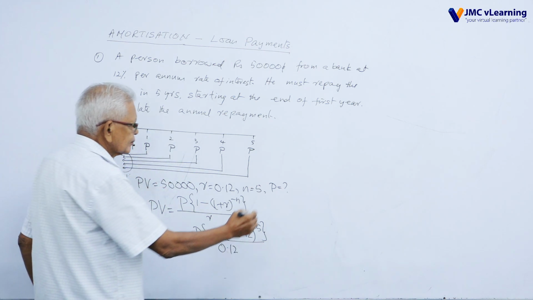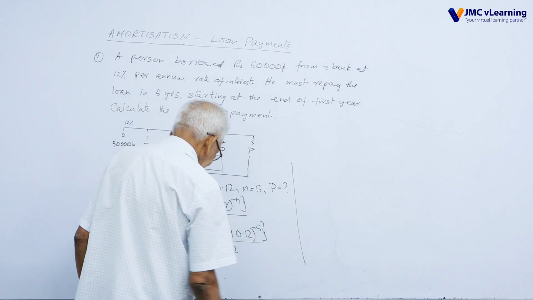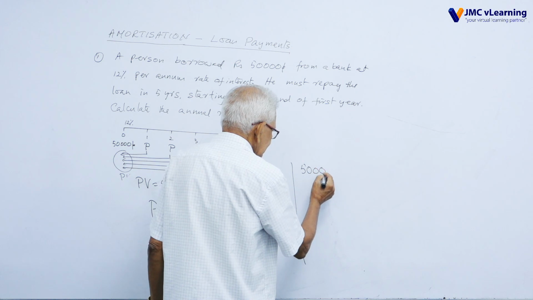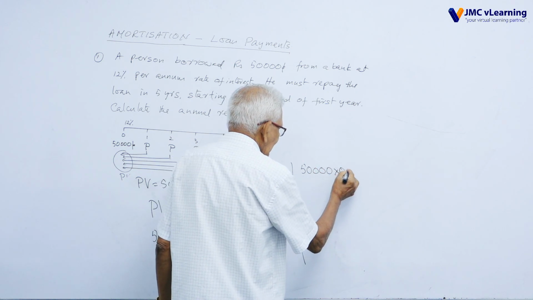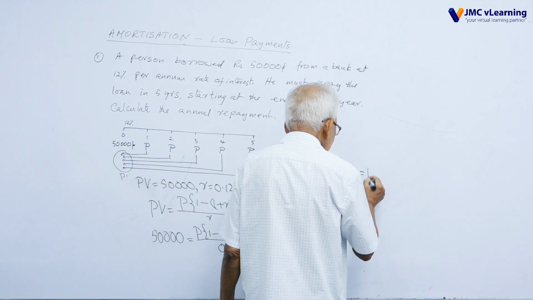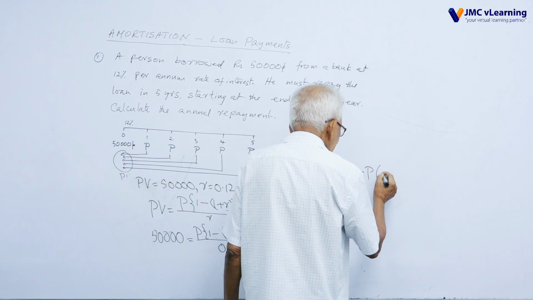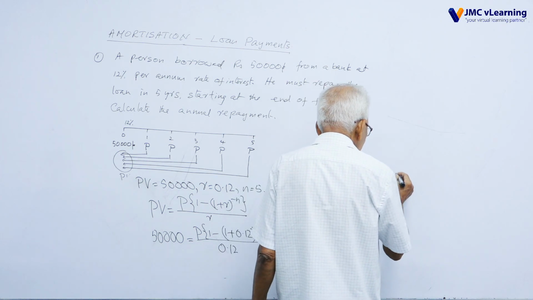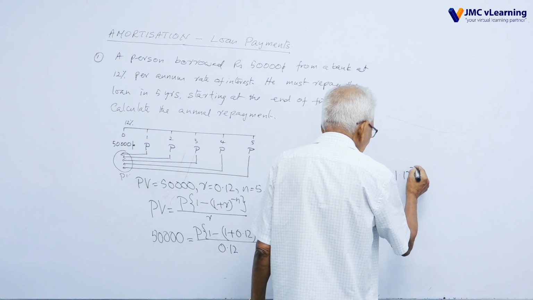Cross multiply: 50,000 into 0.12 equals P, put a small bracket, 1 minus 1.12 to the power minus 5.